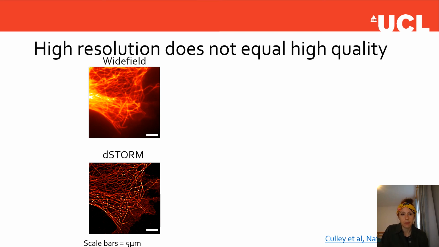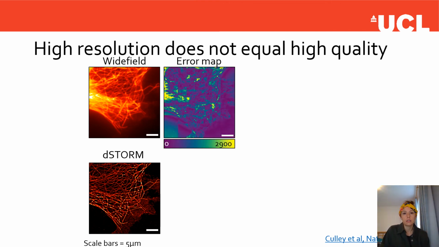So here's a pair of conventional and super resolution images of the same structure. And I made some software a couple of years ago now, I'm still developing a version 2, but it's called Squirrel. It's a method for quantifying errors in super resolution microscopy. And this will give you an error map in this case, saying where the super resolution image is performing well in comparison to a diffraction limited image.